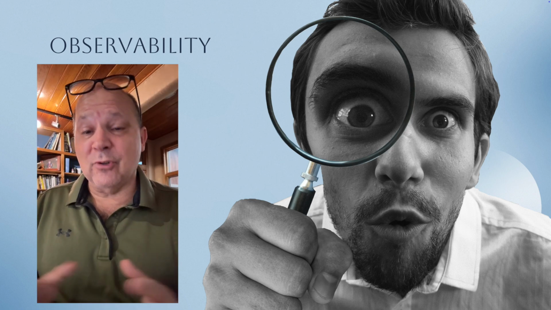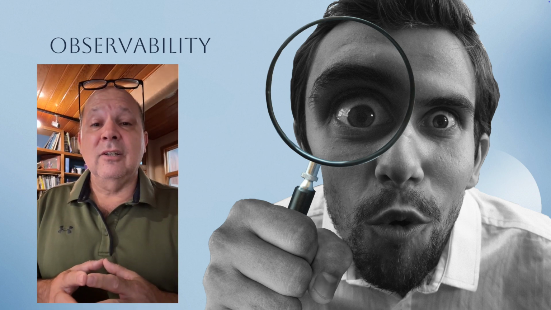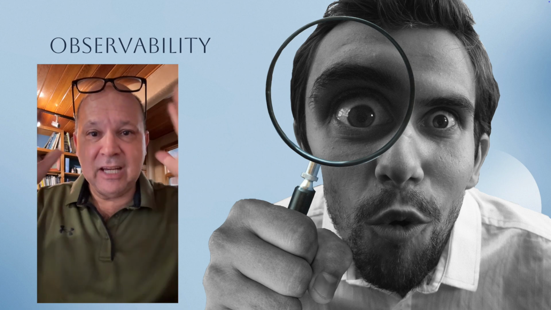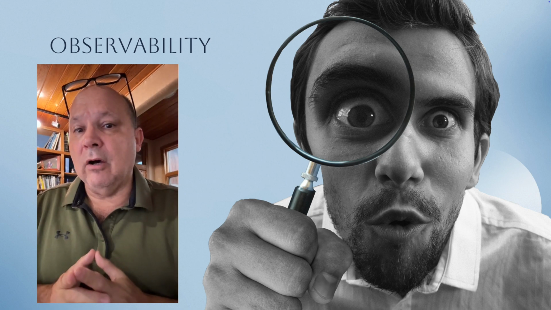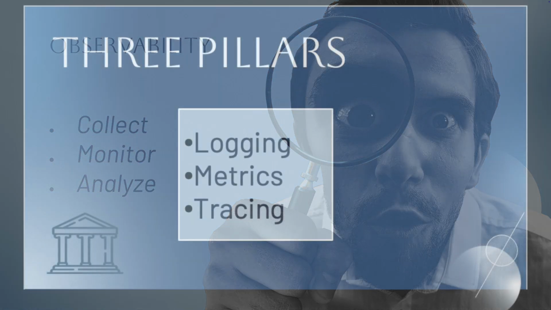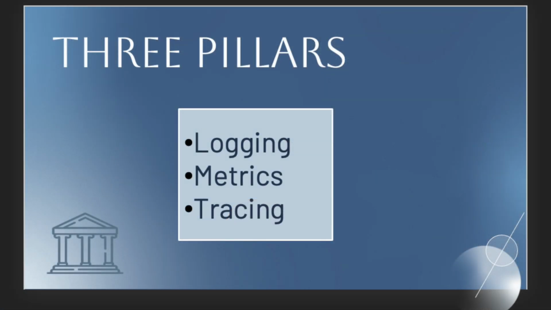Or in the case of the user interface, looking at the user's total flow through the application to see how well our software is being used. There's three pillars to observability as well: logging, metrics, and tracing through the system.